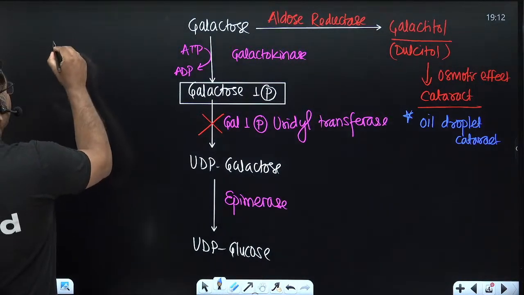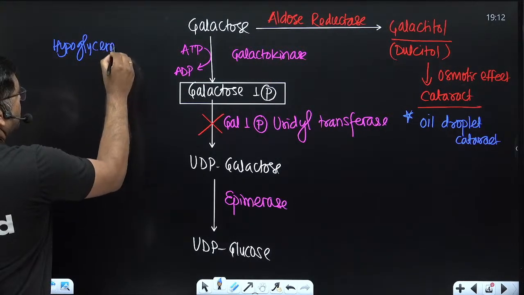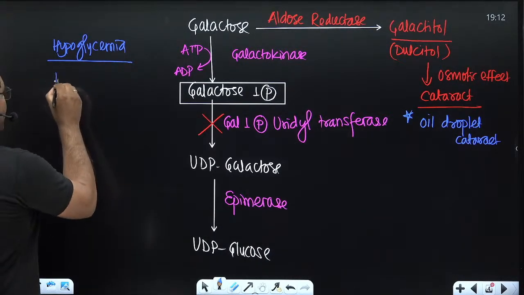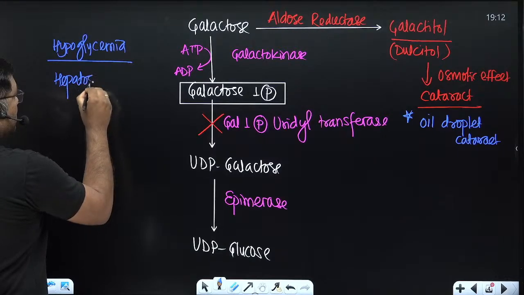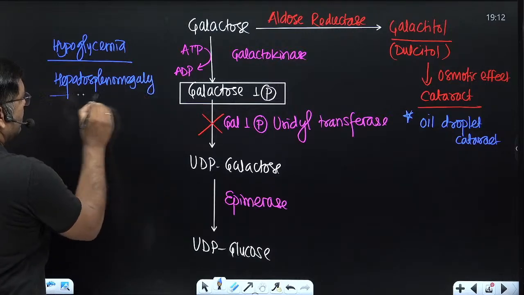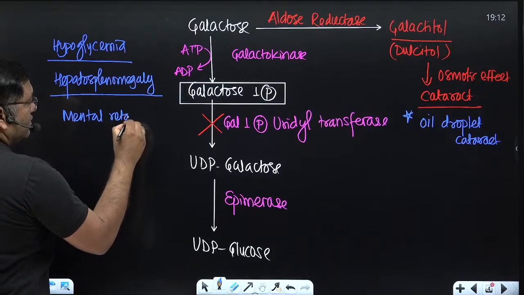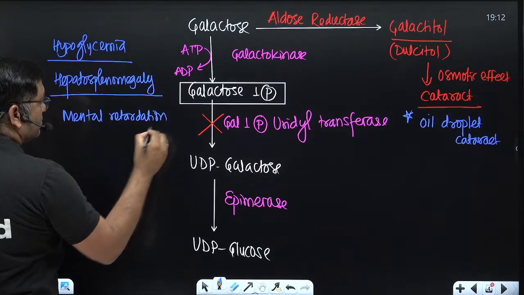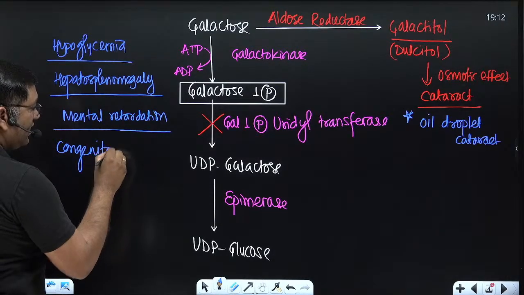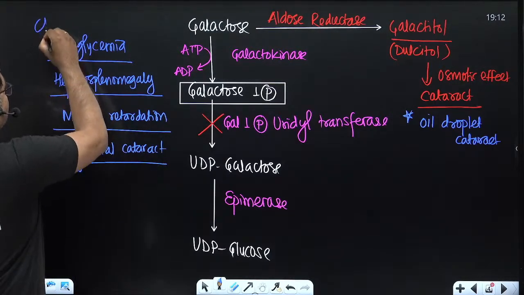There is hypoglycemia, hepatosplenomegaly, mental retardation, vomiting and congenital cataract. These are the typical clinical features in galactosemia.